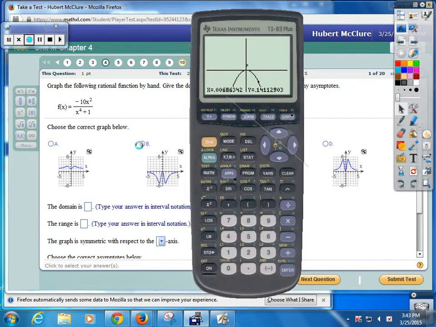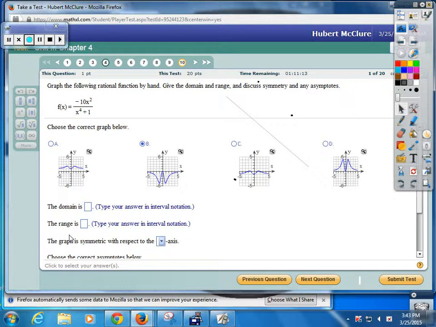Okay, we'll go with B. You were right. And that would be negative infinity to what? Negative infinity to 0, and then this is symmetrical around the y-axis. What did you say the range was?